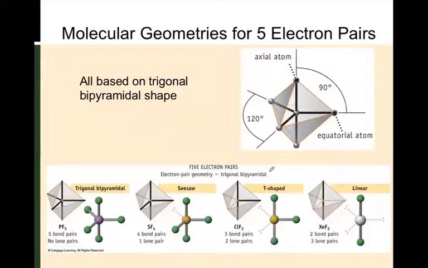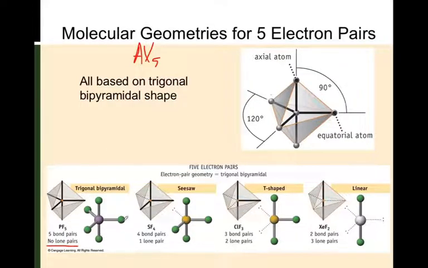So molecular geometries for 5 electron pairs. These are all based on the trigonal bipyramidal shape. So we talked about before this AX5, this PF5, which is down here in the bottom left. Here we have 5 bond pairs and no lone pairs, PF5.